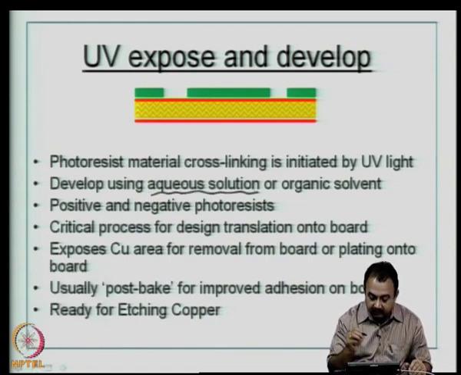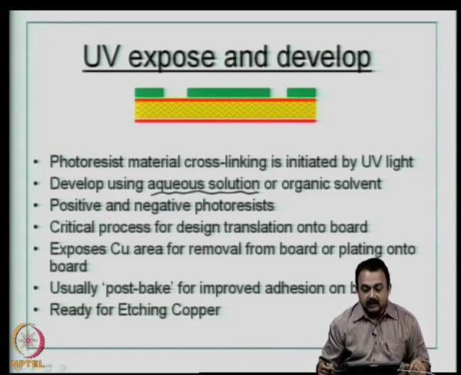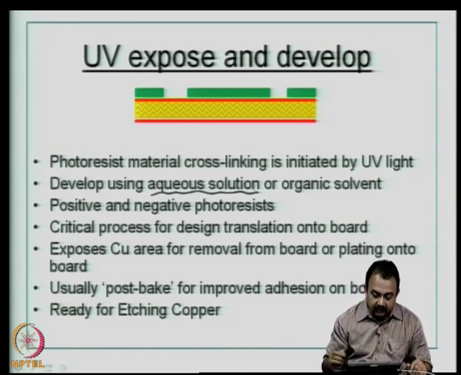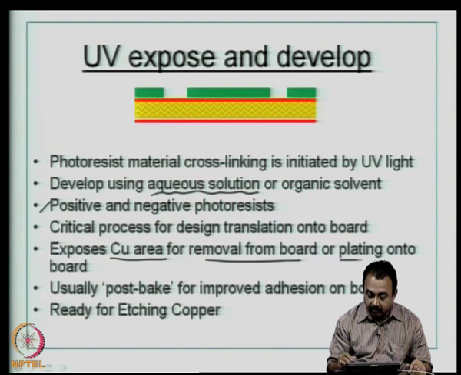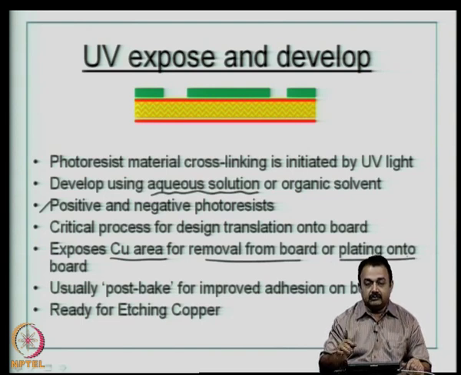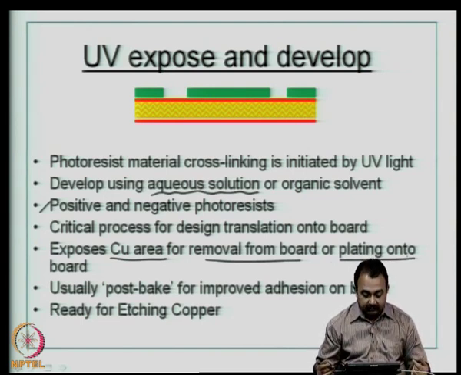We would recommend using aqueous based developing solutions. And then we have seen we have positive and negative photoresist. In the dry film also you have positive and negative. It is a critical process for design translation onto the board, exposes the copper area for removal from board or plating onto the board. This is what we are finally achieving.